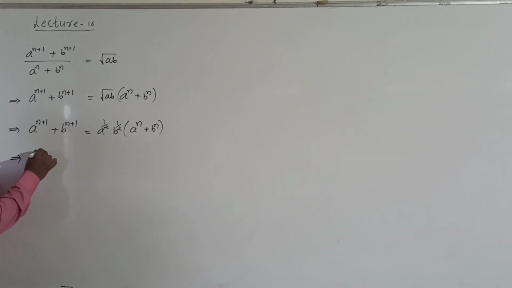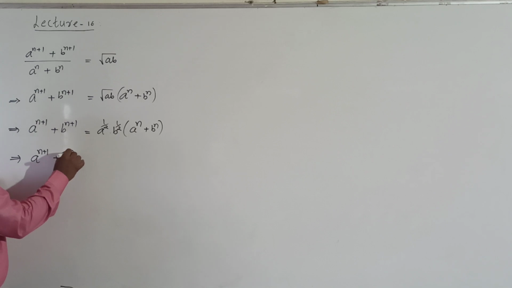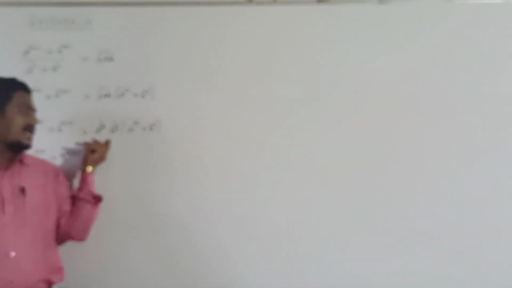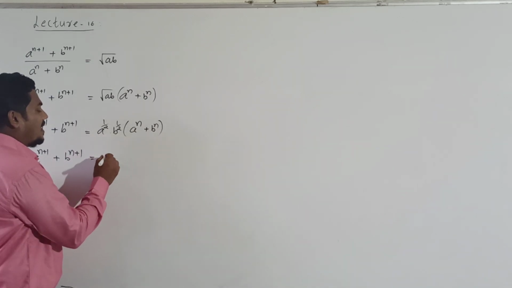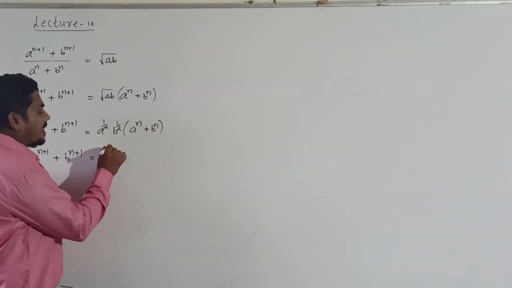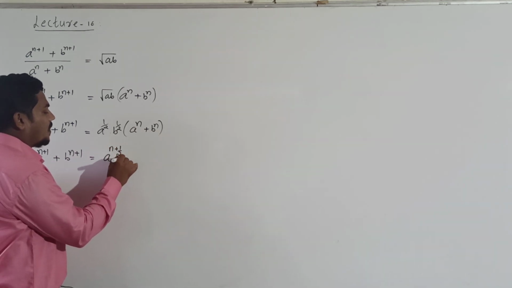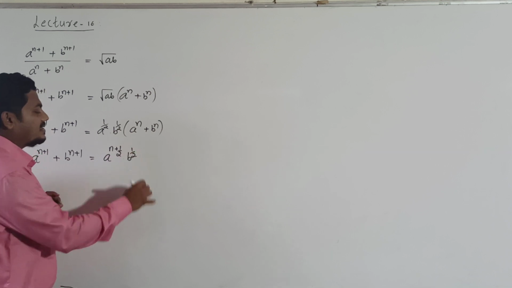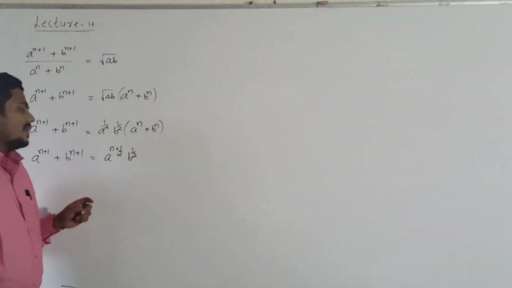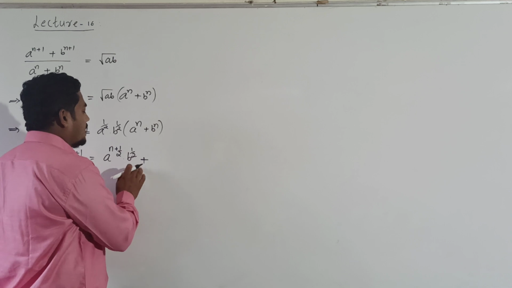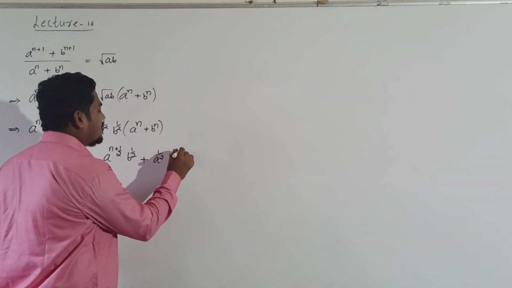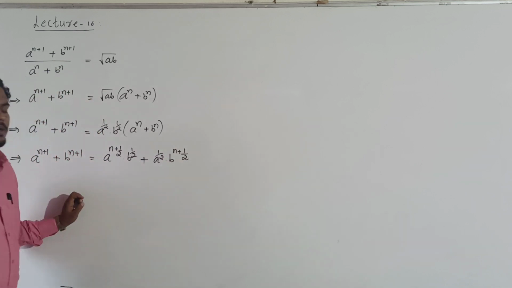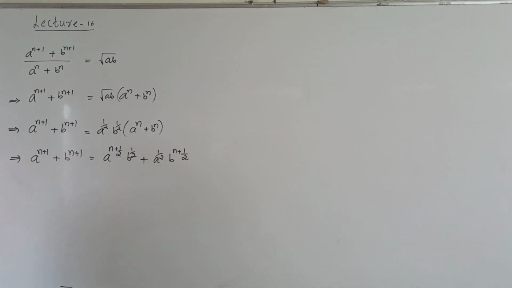After that, just usual multiplication. a^(n+1) + b^(n+1) remains as it is. Now multiply a^(1/2) into b^(1/2). On multiplication, it gives a^(n+1/2) into b^(1/2) remains as it is, and similarly plus a^(1/2) into b^(n+1/2). After that, collect similar terms on one side.